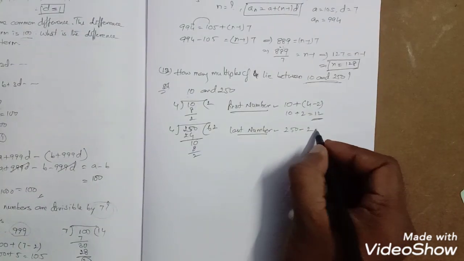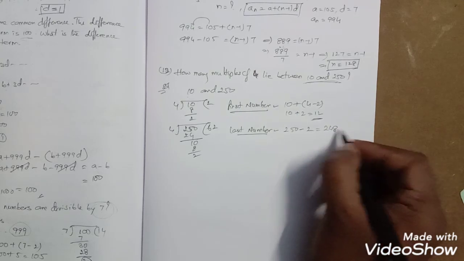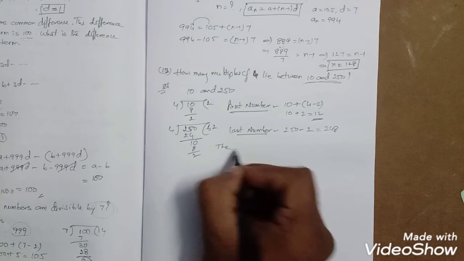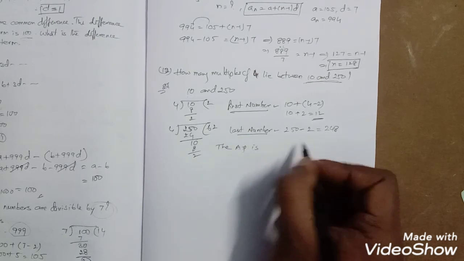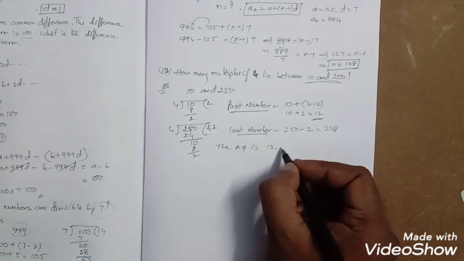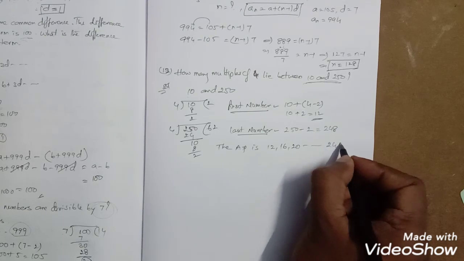Now if you subtract 250 minus the remainder, you will get 248. So you'll get the last number. So what is the arithmetic progression? The first number is 12, it is divisible by 4, so add 4 and you will get 16, next 20 and so on up to 248.